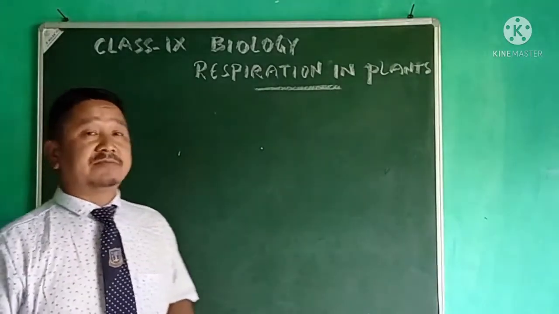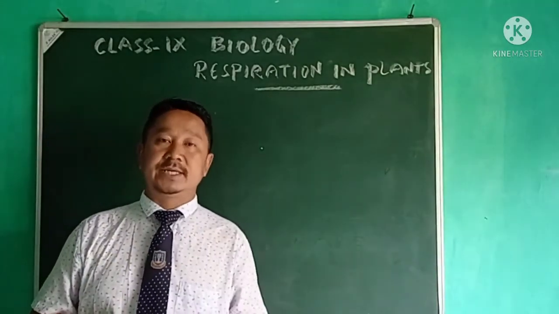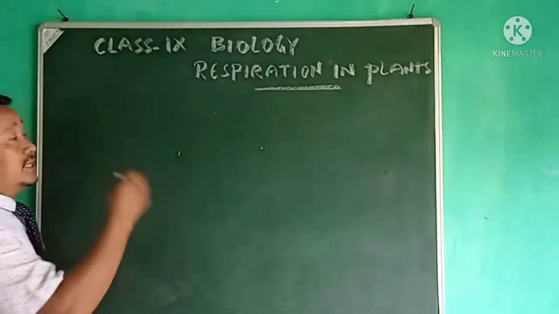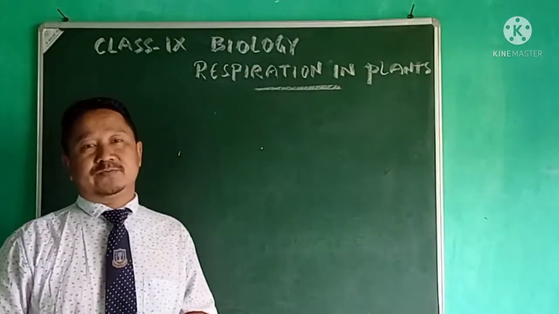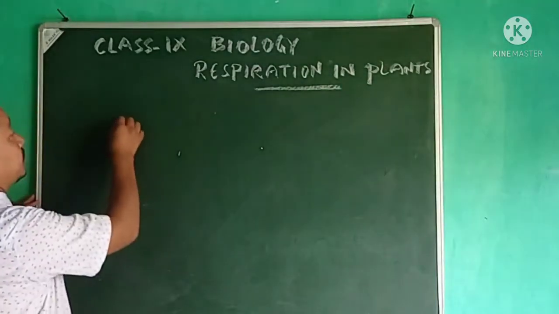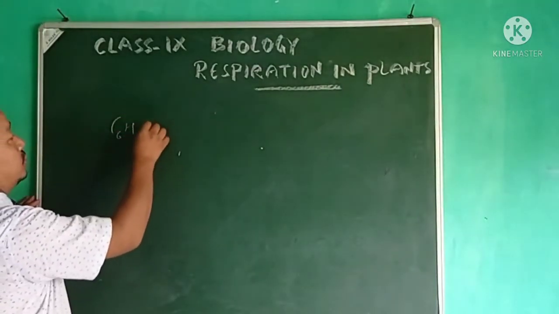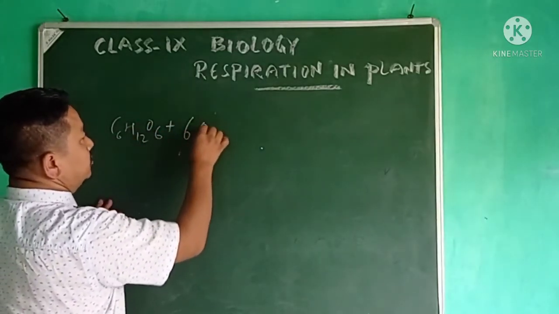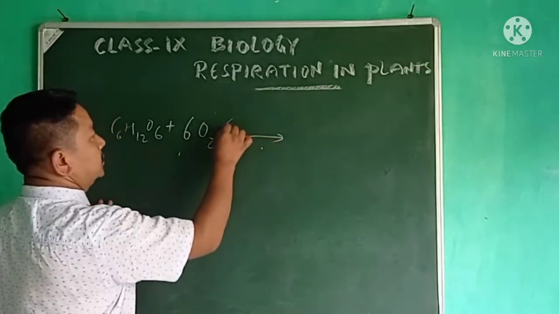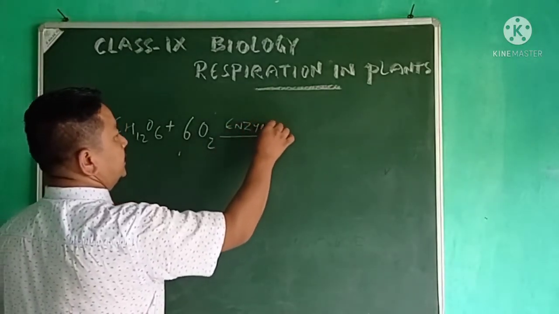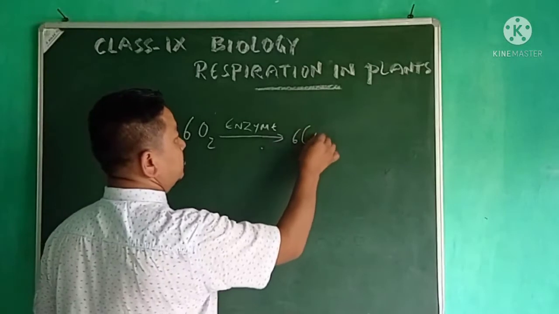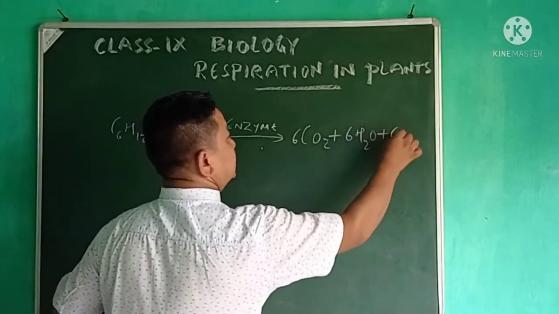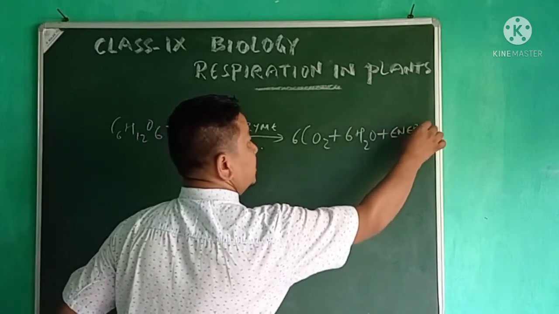In this chapter, we talk about respiration in plants. So we'll start with the equation of respiration. That is C6H12O6 plus 6 molecules of oxygen, then enzyme, then 6 molecules of carbon dioxide, 6 molecules of water plus energy. Plus what? Energy.